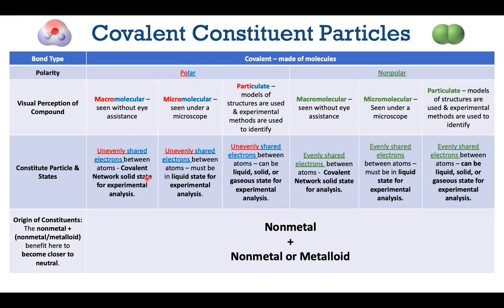And remember, all of the polar have partial positives and partial negatives when we're dealing with covalent compounds. So we have water here, which is polar, and we have the nonpolar, which can be any kind of diatomic element. Again, we're going to be observing covalent network solids for macromolecular, liquid states for micromolecular, and liquids, solids, and gases for particulate when using models.